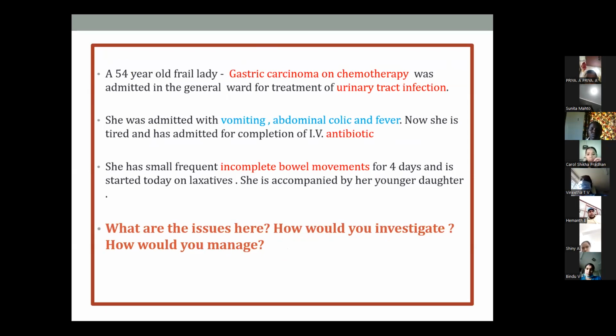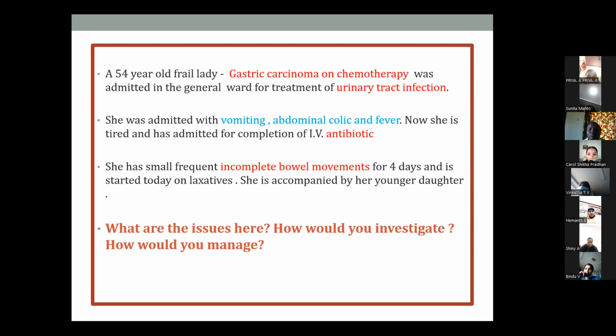She was admitted with vomiting, abdominal colic, and fever. Now she is very tired and admitted for completion of IV antibiotics. She has small, frequent, incomplete bowel movements for 4 days and has been started on laxatives. She is accompanied by her younger daughter.